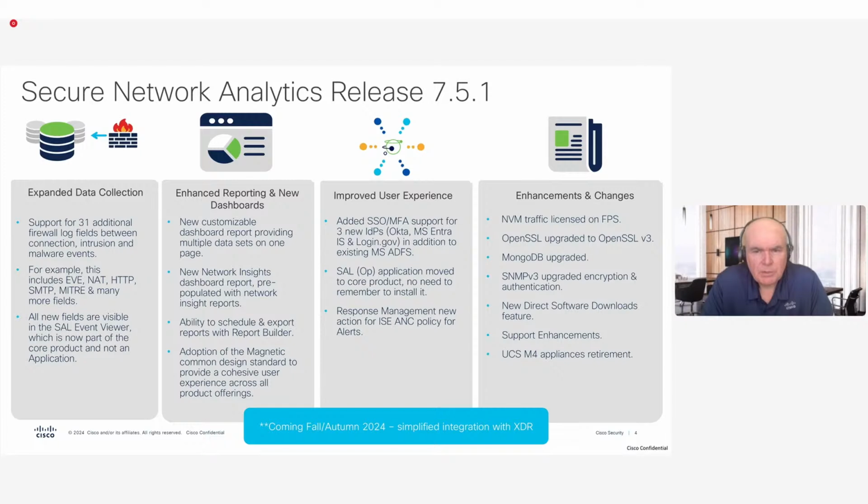So if you enable that module on the endpoint, it will send all those fields into a flow collector for us to process and to alert on. In the previous version, you had to have a separate license called the endpoint license to actually run that within Secure Analytics. Now in 7.5.1, we no longer have a separate license. It's actually part of your flows per second. And again, I've got some more slides to go into a bit more detail on that.